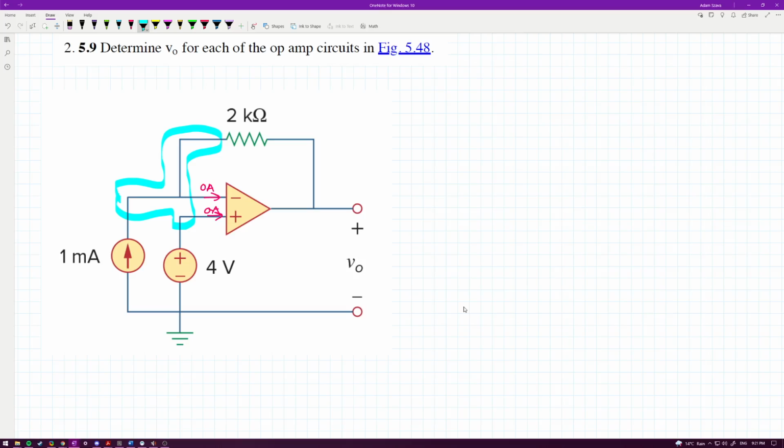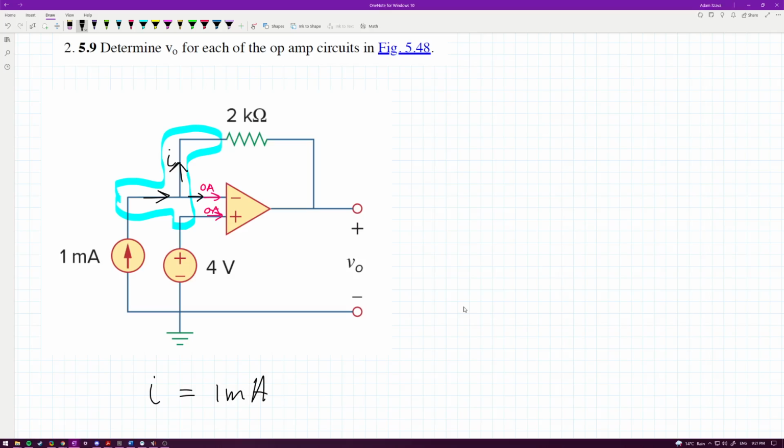Yeah, this current is entering. There's 0 amps going this way and some current going this way. I'll call that I. So we know that I is equal to 1 milliamp, because there's no other way for it to go. It has to go there.